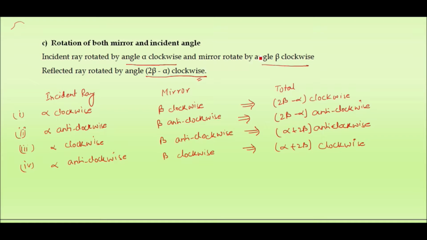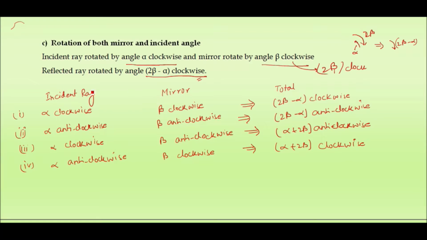So I think it is clear to you. Because of the mirror we get 2 beta clockwise, and because of the incident light ray we get alpha anti-clockwise. So the net will be 2 beta minus alpha clockwise.